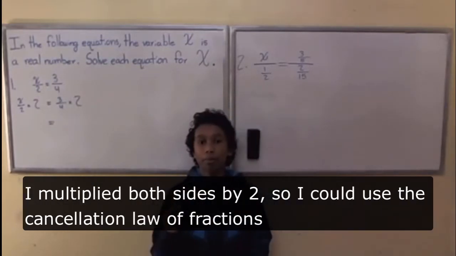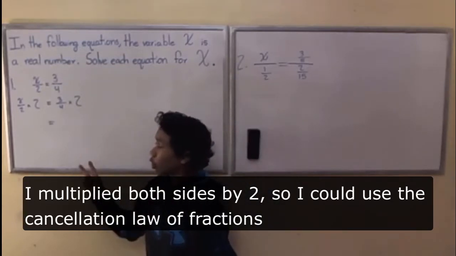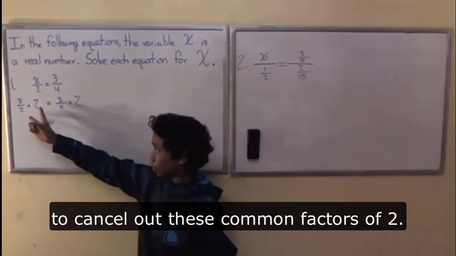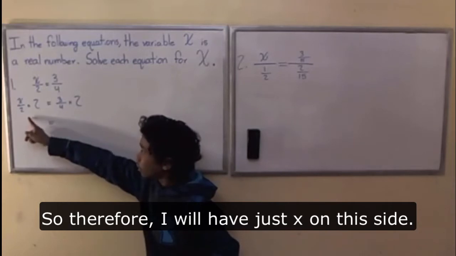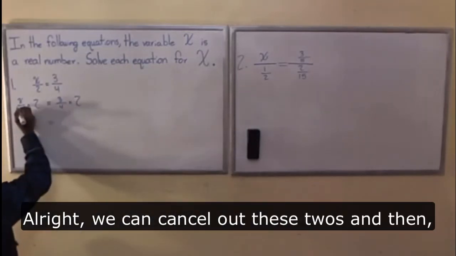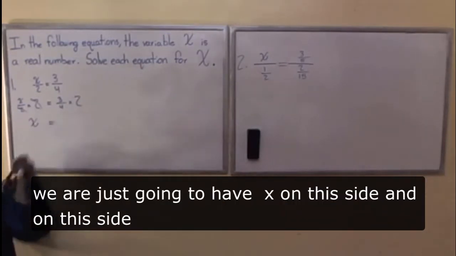I multiplied both sides by 2 so I could use the cancellation law of fractions to cancel out these common factors of 2. So therefore, I will have just x on this side. Alright, so we can cancel out these 2's, and then we're just going to have x on this side.